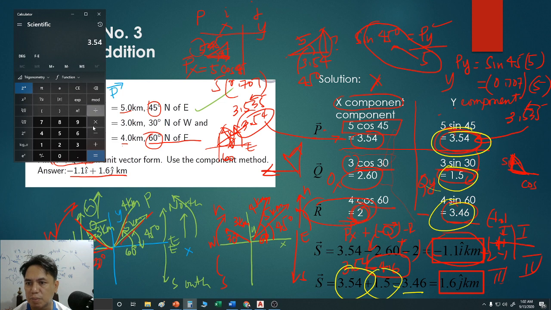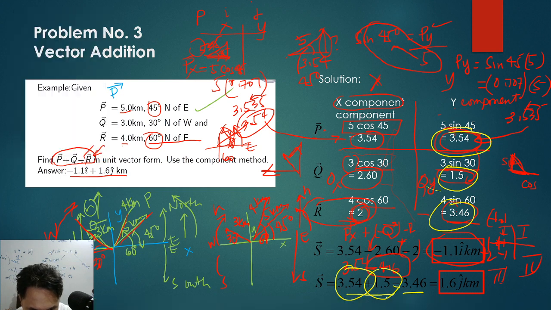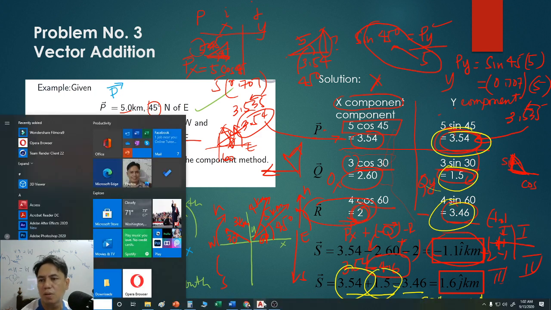As you can see, we have a 5.04 value, minus 3.46.